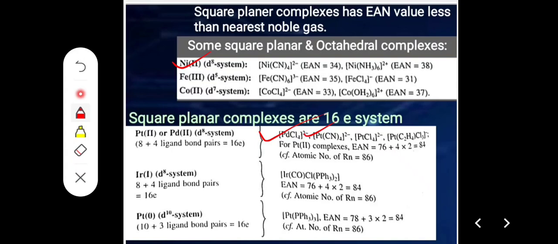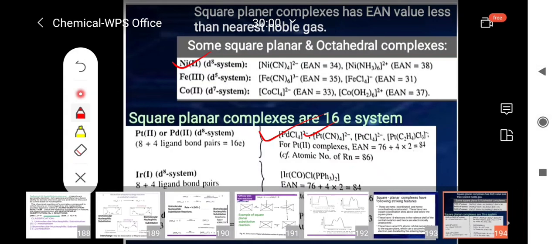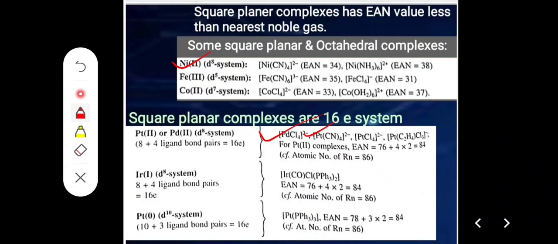So they are coordinately unsaturated and electronically unsaturated, and that's why they need an extra ligand to proceed via the square planar associative pathway.